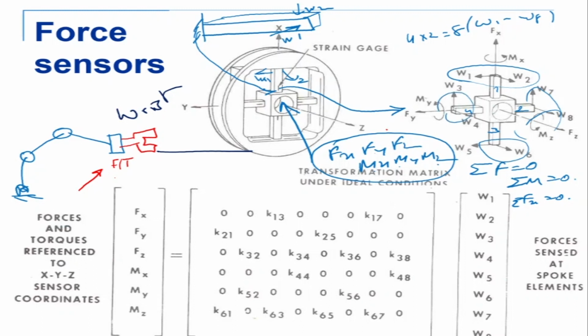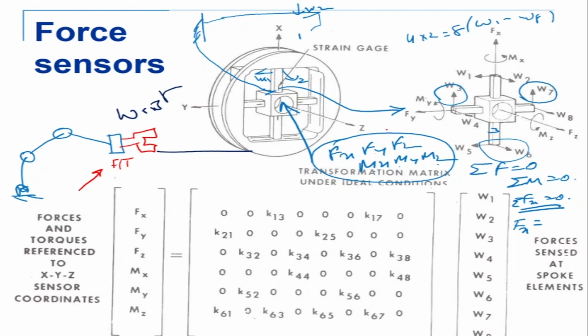So we have 3 force equations and 3 moment equations. I say sigma Fx equal to 0, the first one. All forces in the x direction are 0. That means Fx, the capital Fx, which is my x direction. This is my x direction. What are the forces in the x direction here? There's W3 plus W7.